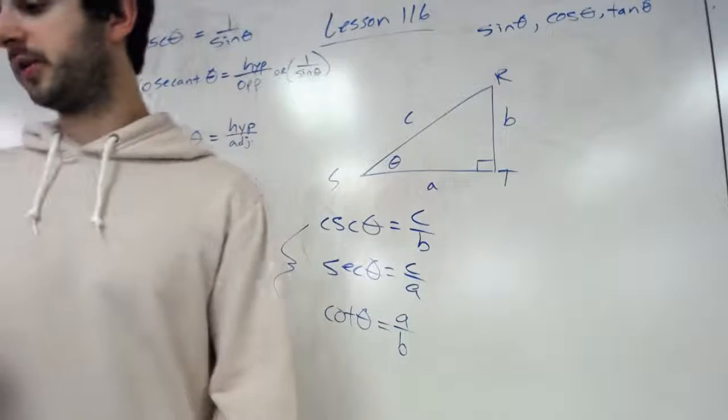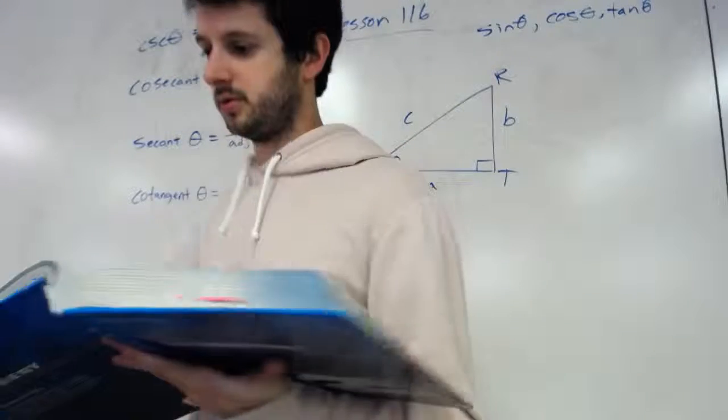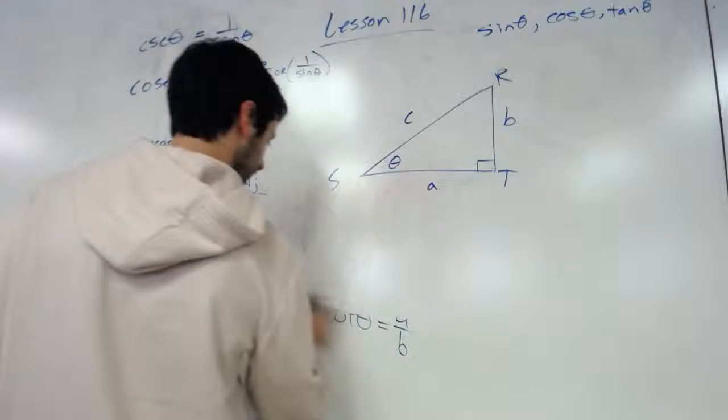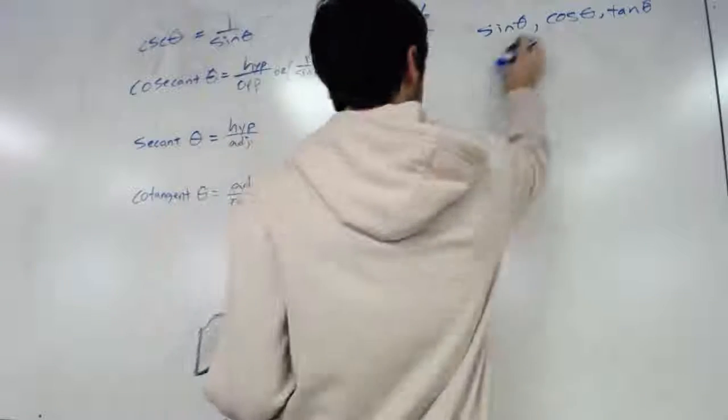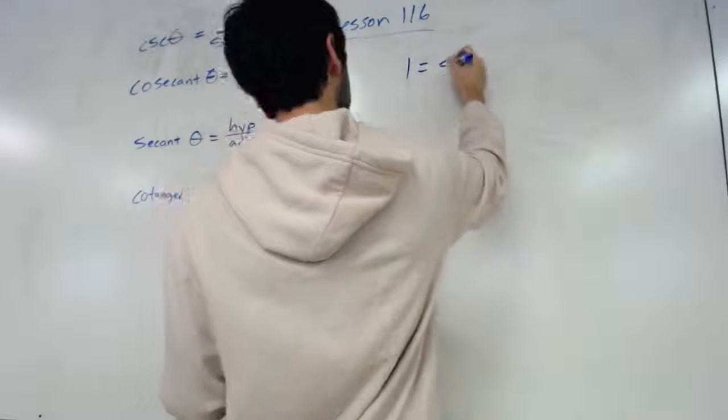Now it gives one more identity. Or sorry, it actually gives two. And it's all kind of the same as what you've seen before, but just to make sure that nothing throws you off.